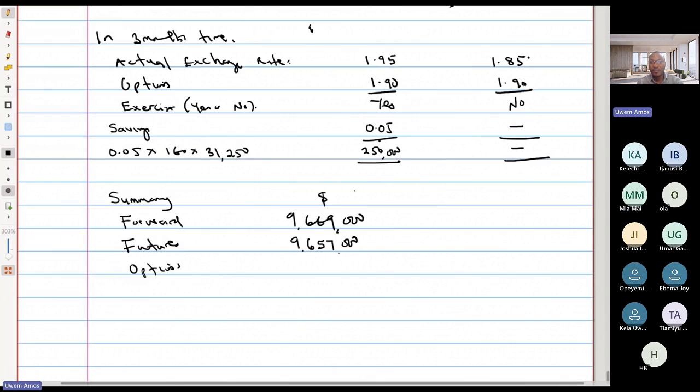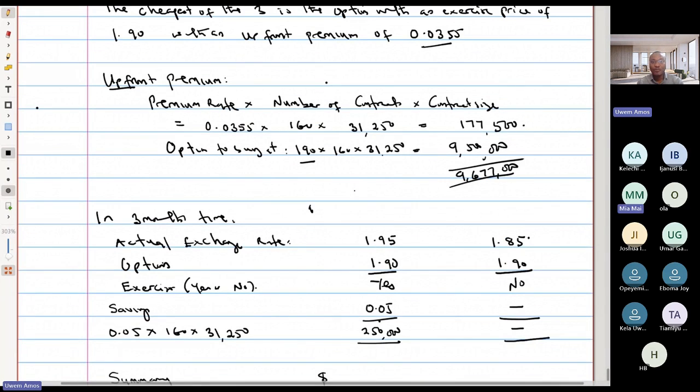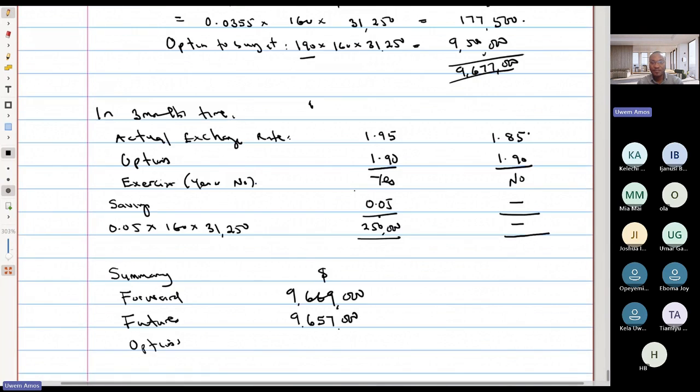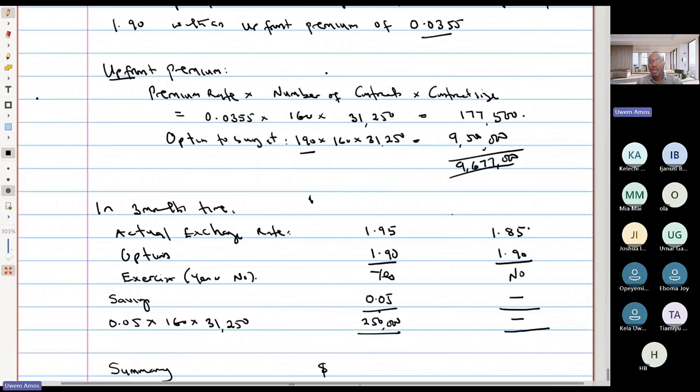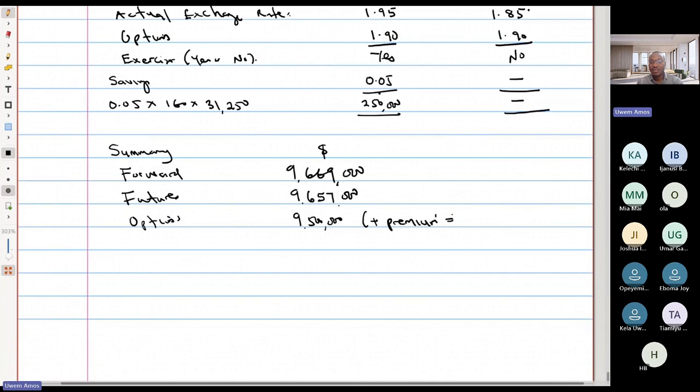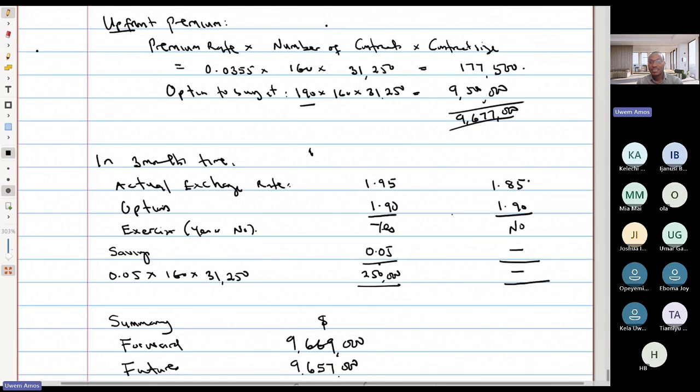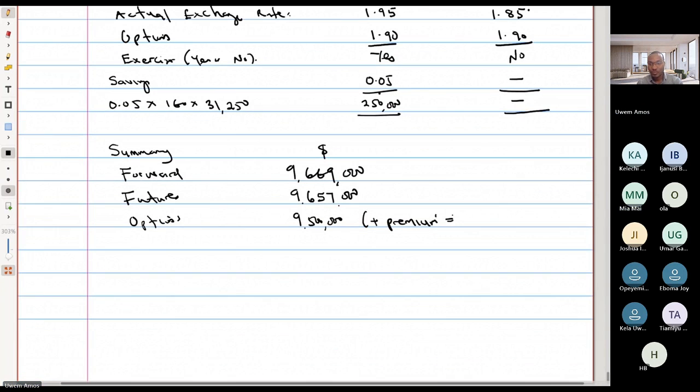Under option, what do we have? Without the premium, 95. However, plus the premium, we have 9,677.